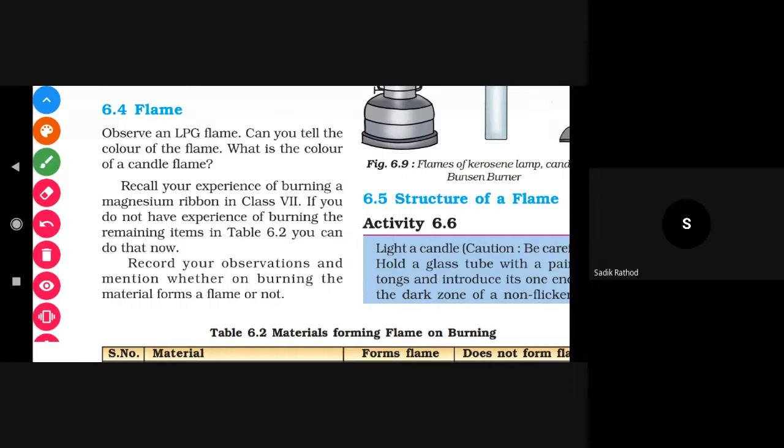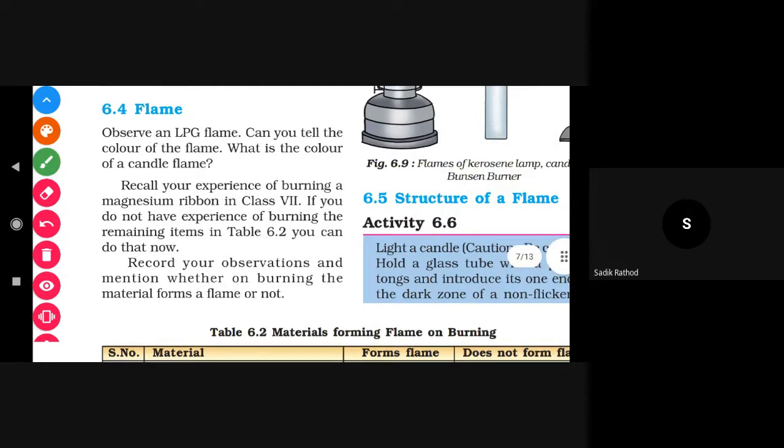Recall your experience of burning a magnesium ribbon in class 7. If you do not have experience of burning the remaining items in table 6.2, you can do it now. Record your observation and mention whether on burning the metal forms a flame or not.